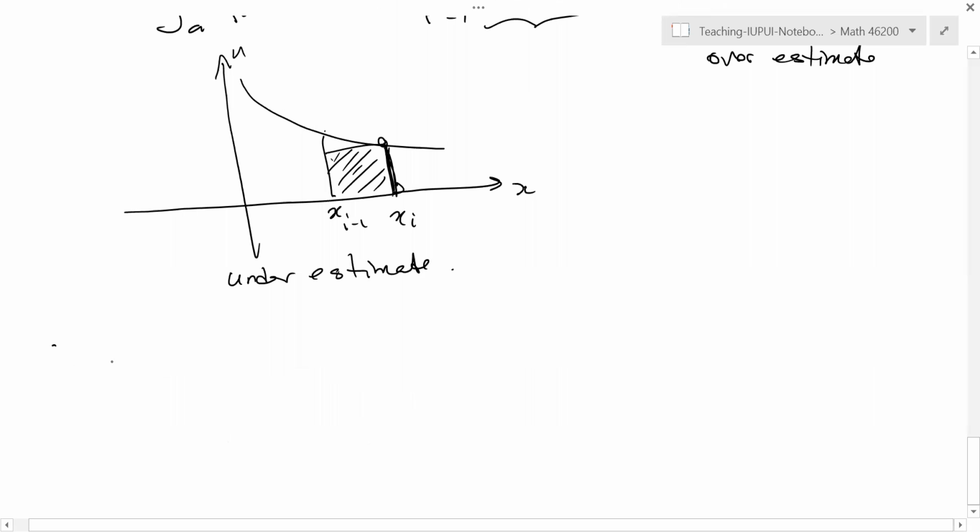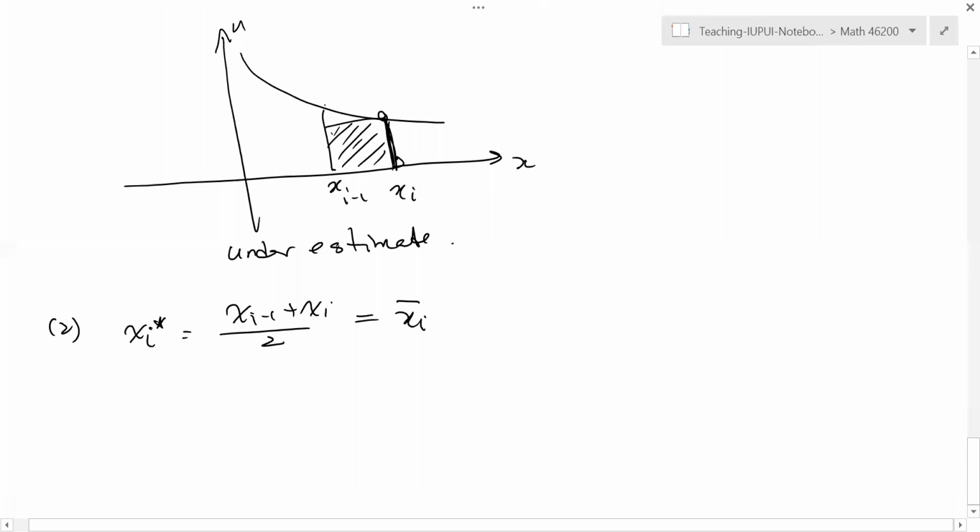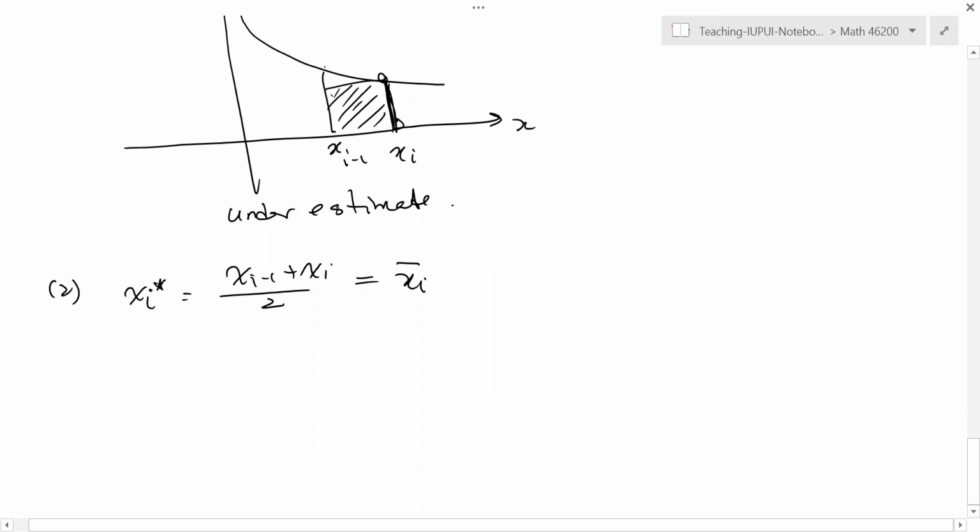And then someone will say, well, how about let's try the middle point? The middle point may be much better, especially for a decreasing or increasing function. The middle point I usually denote by x bar, xi bar. Why?